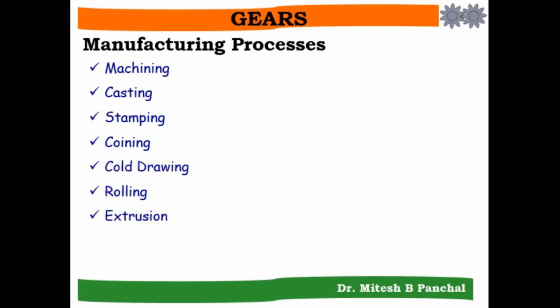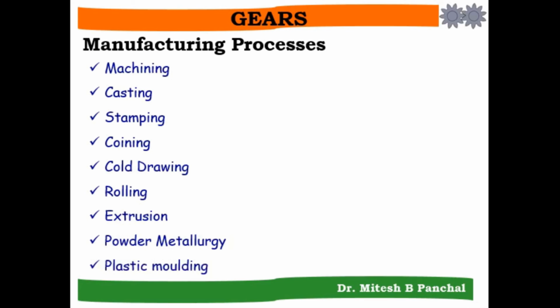Also powder metallurgy, which is generally used for gears made of non-metallic material. Also plastic molding. These last two manufacturing processes are generally used for manufacturing non-metallic gears.